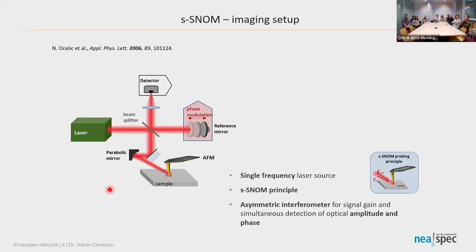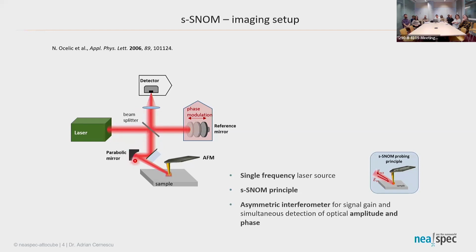Okay, just to understand the setup a little bit better, one of the main measurement modes is nanoscale imaging. And here we can see this Michelson interferometer, which I mentioned earlier. You see the light coming from the laser, and then here is a beam splitter.